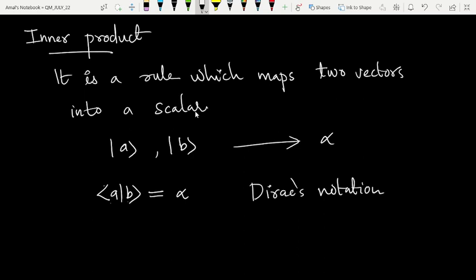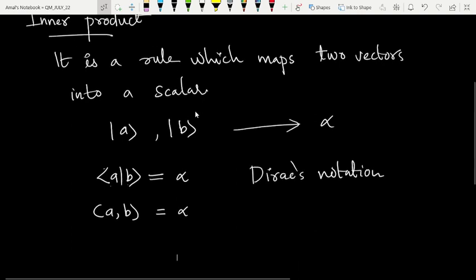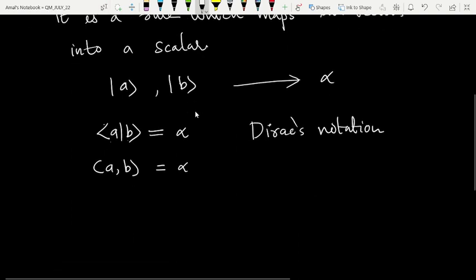And this notation is used in physics, and in mathematics inner product is written in some other way. It is A comma B equal to alpha. So this is also one way to write inner product, and in some cases this notation is more useful, and in some cases that notation is more useful. So we will use both these notations, and this one is Dirac notation.